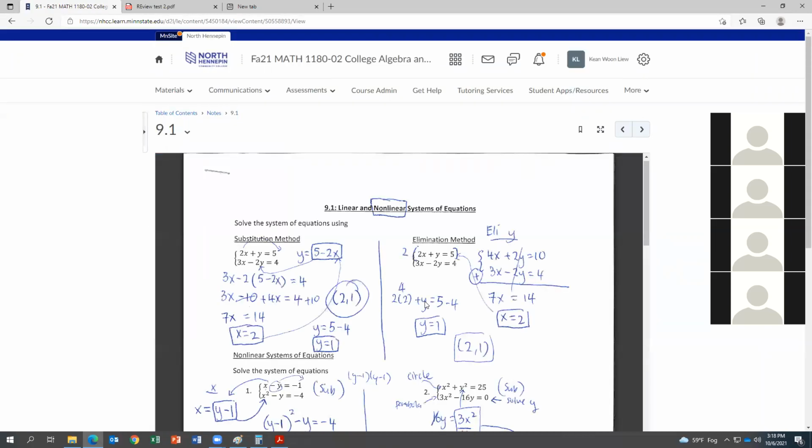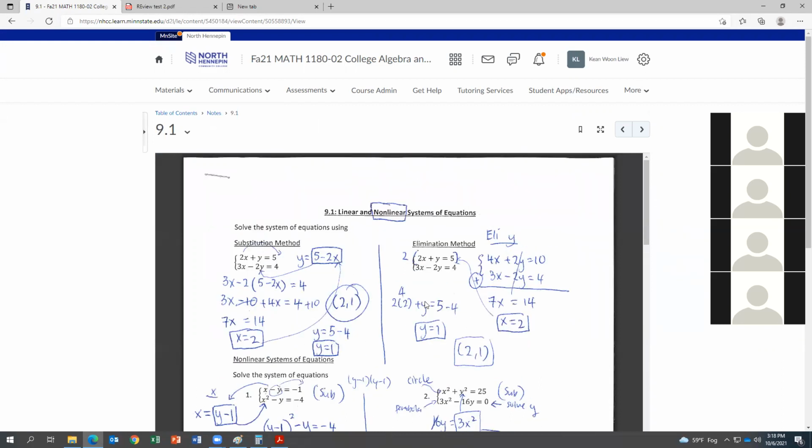It's a very straightforward type. This is the teacher's note. So in 9.1, we are solving systems of nonlinear equations. There are 2 ways to solve it. Either you solve it using substitution or you solve it using elimination. I think you guys are familiar with this one. You've heard this before.